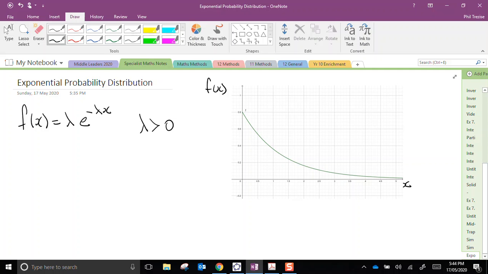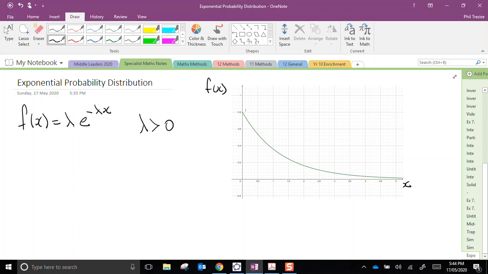It's a nice smooth curve. So x here is a continuous variable. Perhaps x is the lifetime of a light bulb. It could be 1 hour, it could be 2 hours, it could be 1.5, 1.7, 1.63, any real number along the axis.